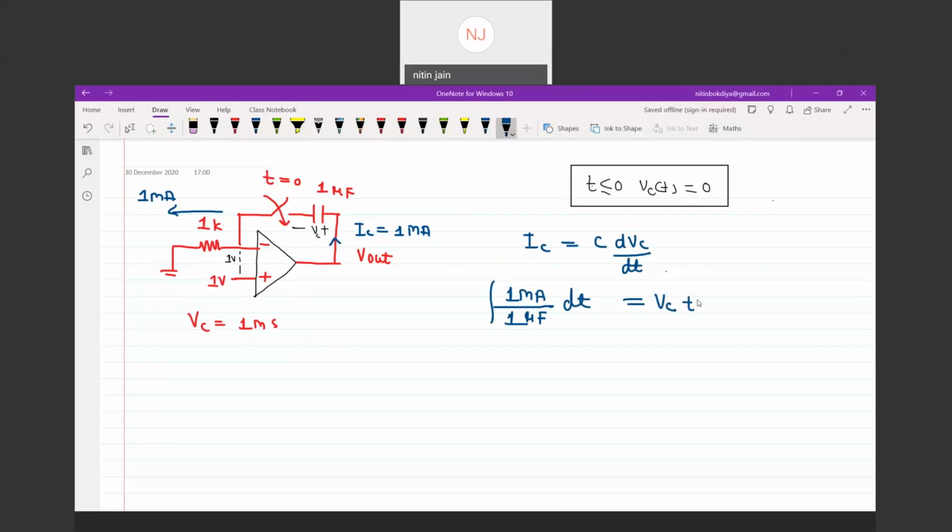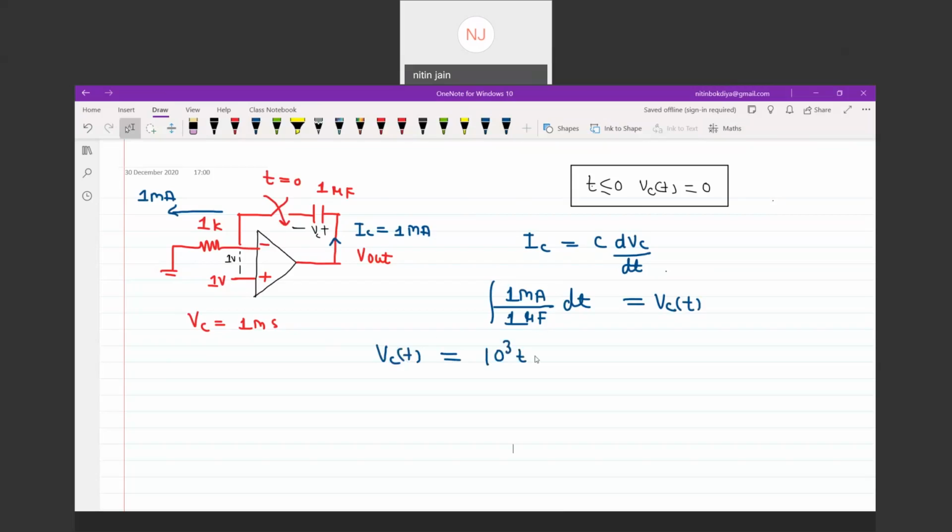Vc is a function of time, until the op-amp saturates. So you can say Vc(t) for this is equivalent to 10 raised to the power 3 into t. This is a straight line passing through the origin.